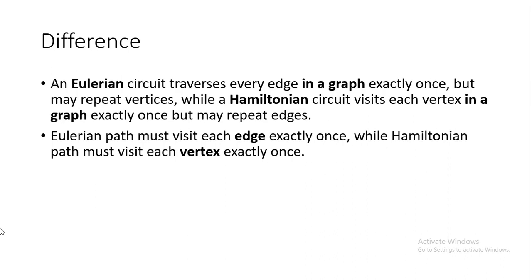So vice versa. Similarly, an Eulerian path must visit each edge exactly once, while a Hamiltonian path must visit each vertex exactly once. So that is the main difference between the Euler and the Hamiltonian path and circuit.